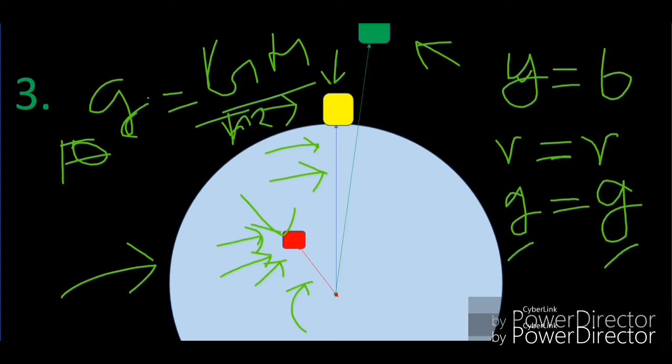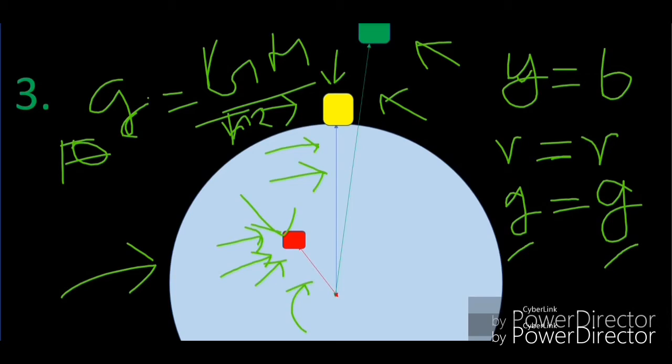We have learned this in the previous cause. So we know that the yellow object's weight will be less than the red object's, and this is also true for the green object. Why?